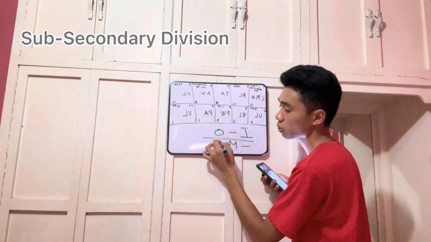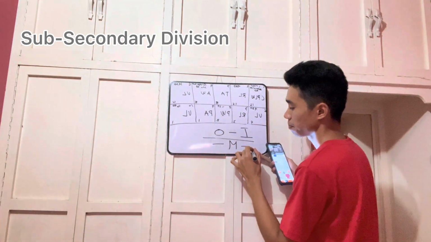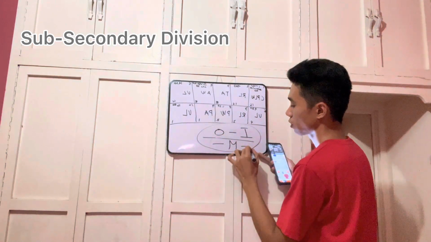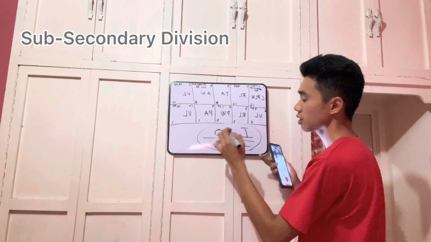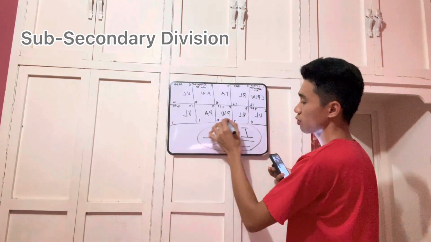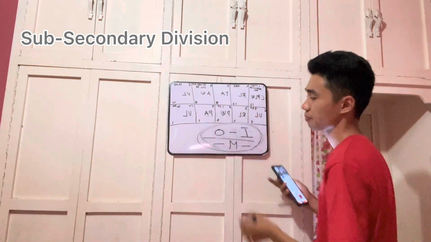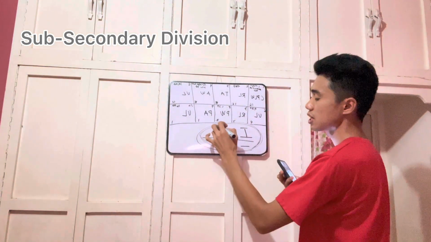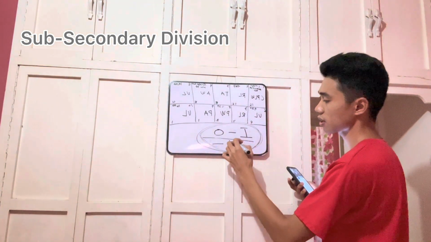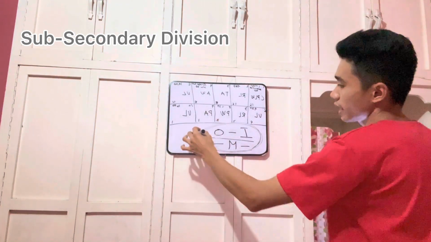So we will put the dash. So ito na yung final result natin ng subsecondary. So ito na yung final answer niya: I dash O is over to dash M or meeting dash. So ito na yung final answer niya.